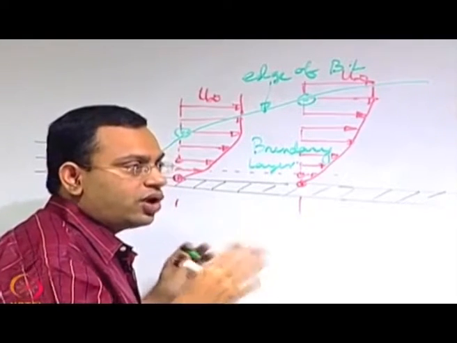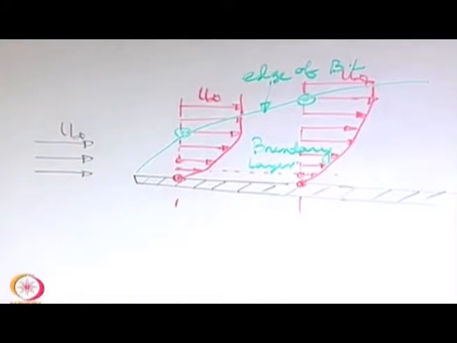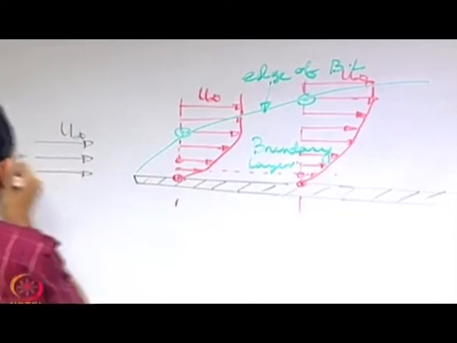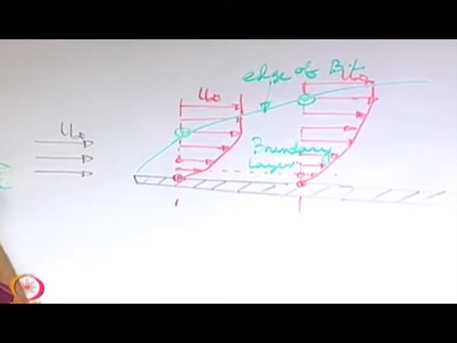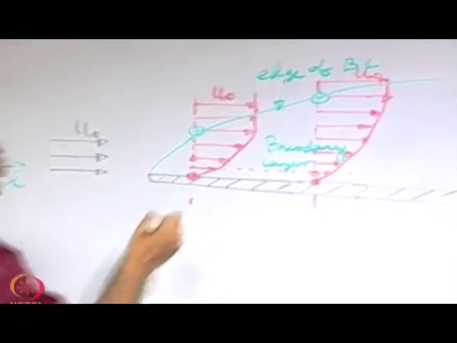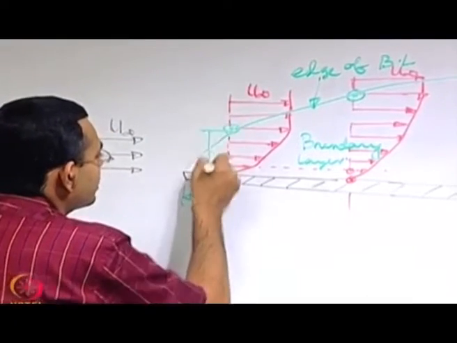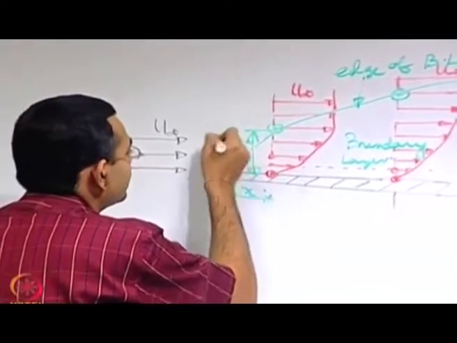So, the whole objective, a scientific objective, is that we must understand. So, if we call this the x direction and the transverse direction the y direction, then at a given x there is a thickness of the boundary layer which we call delta.